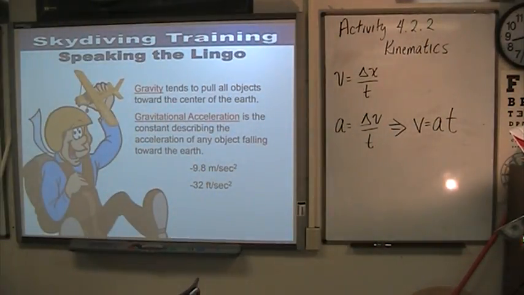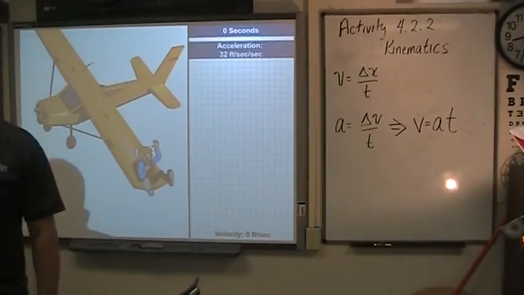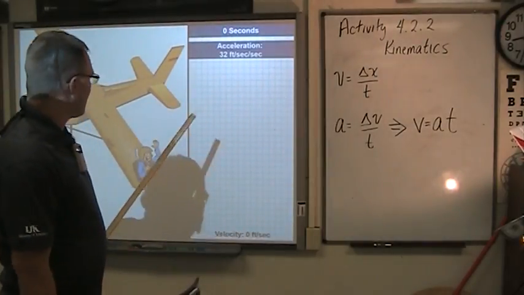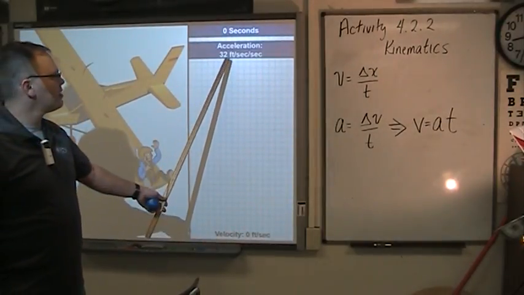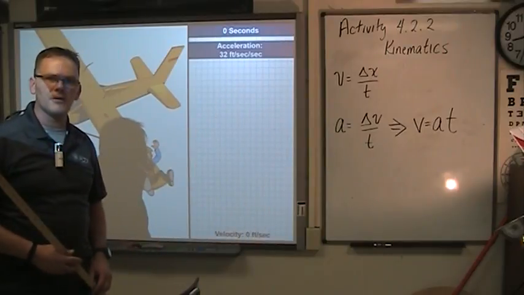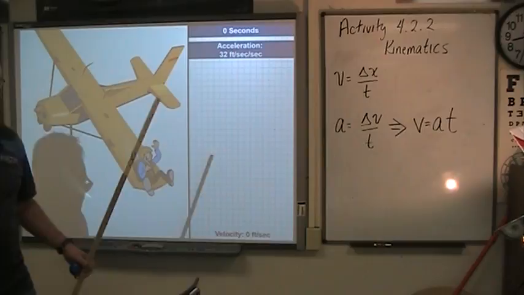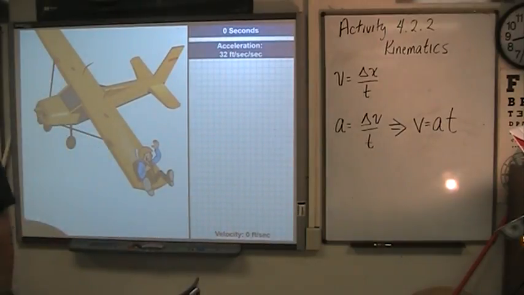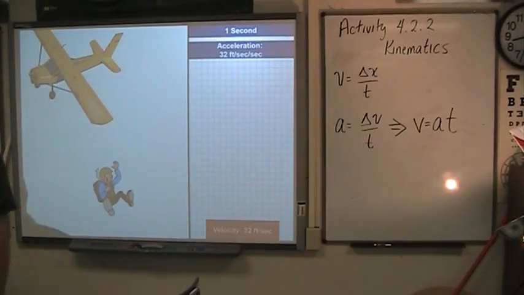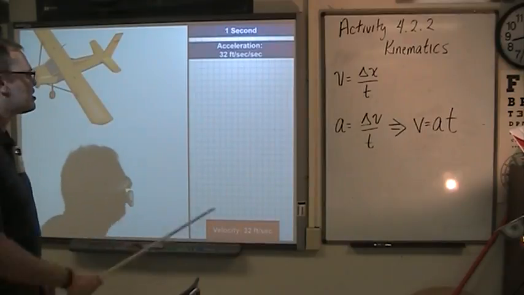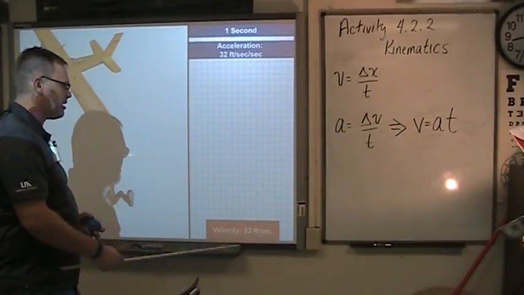Now, let's take our skydiver. Notice that for our skydiver, acceleration is 32 feet per second squared. So after 0 seconds, notice he's still at the plane, he didn't fall. But let's let him fall for 1 second. In 1 second, he speeds up by 32 feet per second.